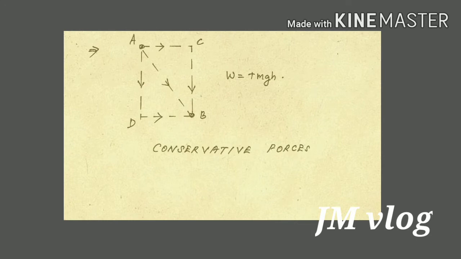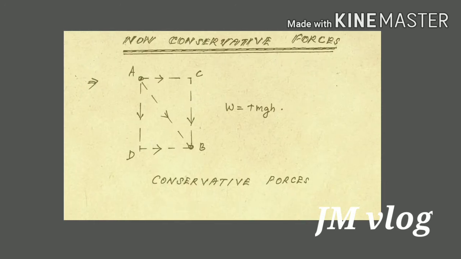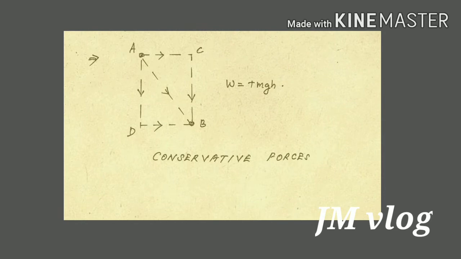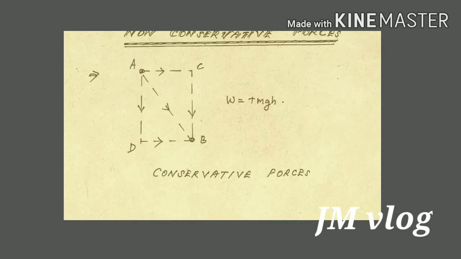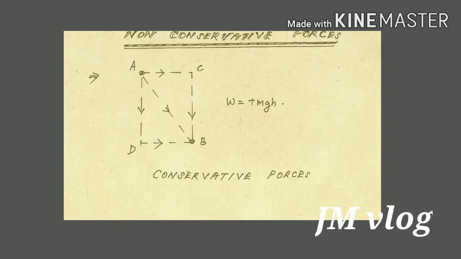While moving the body from A to B in the diagonal path, the gravitational force helps the body to move from A to B. The direction of gravitational force is downward. So while moving from A to B, we consider only the downward direction of force. Suppose the distance is h and the magnitude of gravitational force is mg.